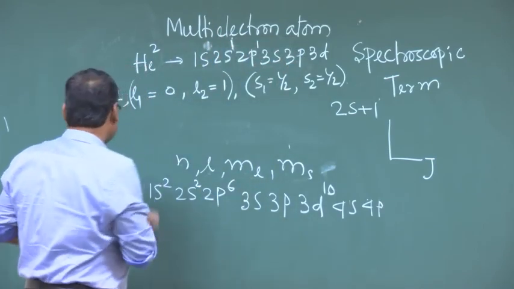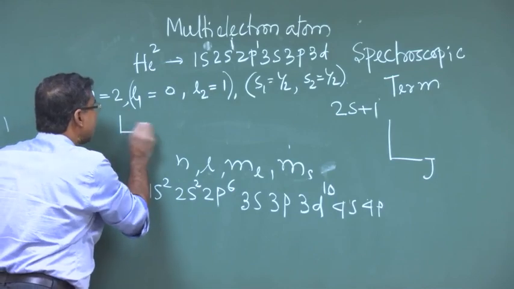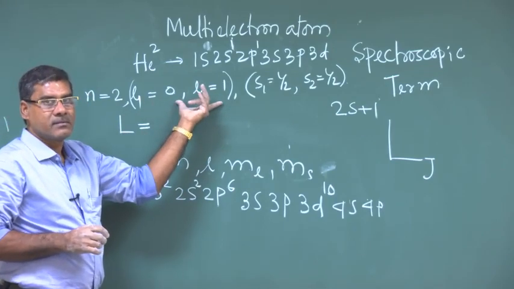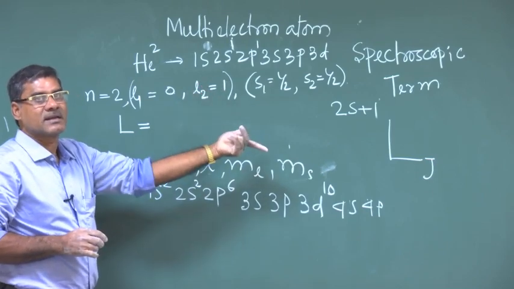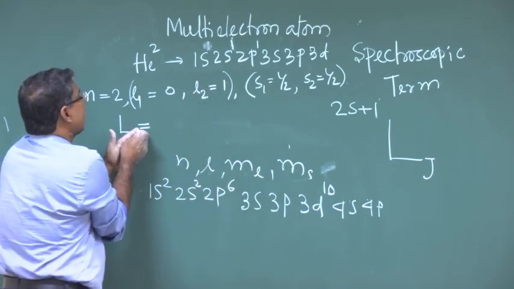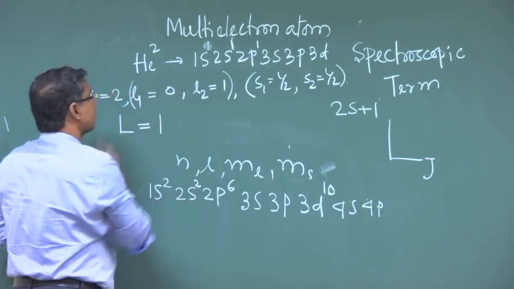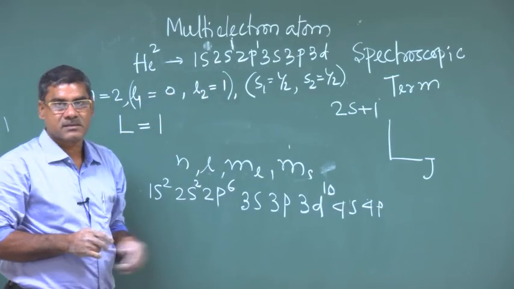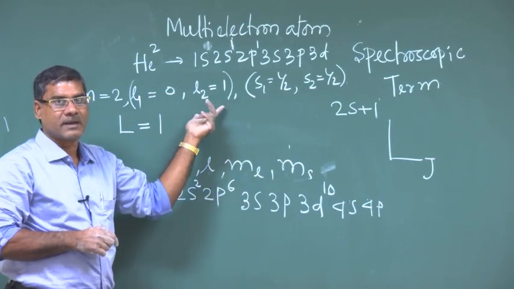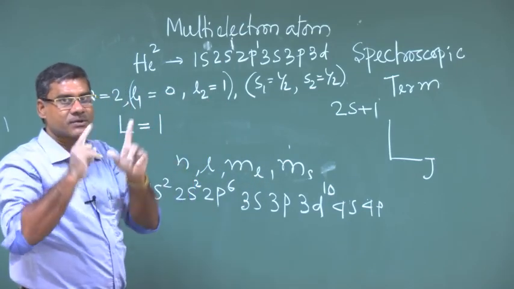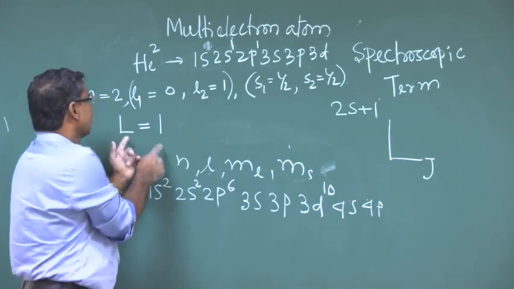So I have to find the resultant L. Resultant L will be from L1 plus L2 to L1 minus L2, in magnitude, so 0 plus 1 and 0 minus 1, it's 1 basically.